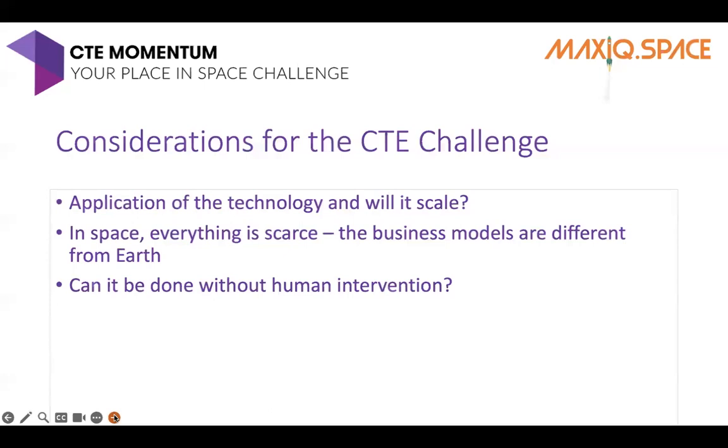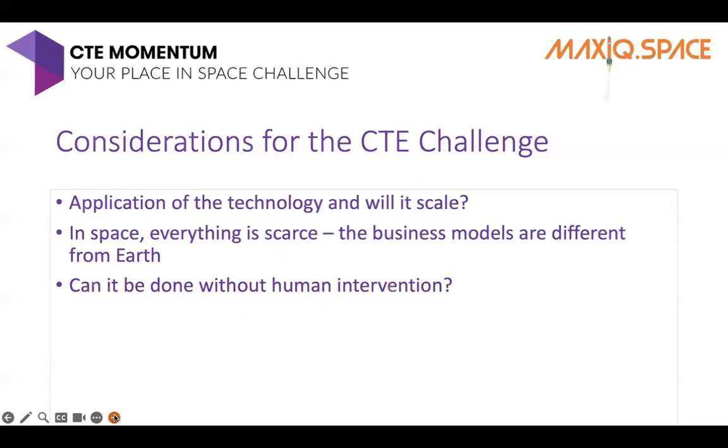And the final consideration to take into account is, can it be done without human intervention? The MOXIE experiment is a really good example, where there's been no human intervention post-launch of the rover. It's Perseverance that is managing that whole process, including collecting the data on the purity of the oxygen and retransmitting that back to Earth.